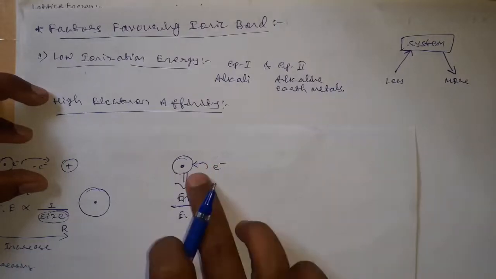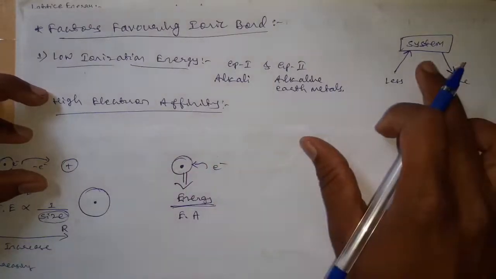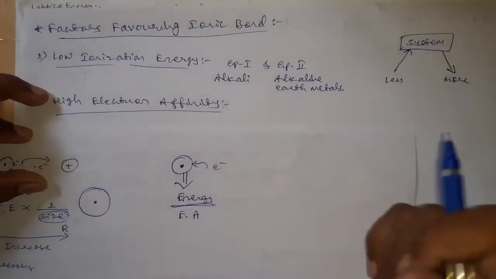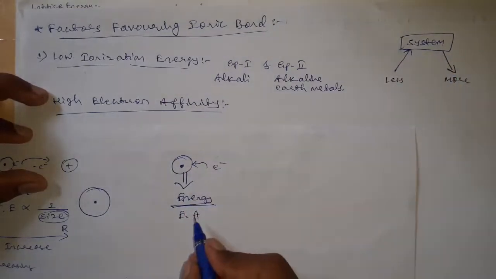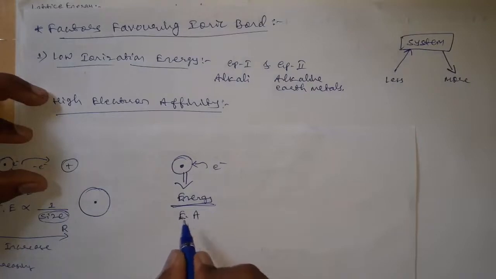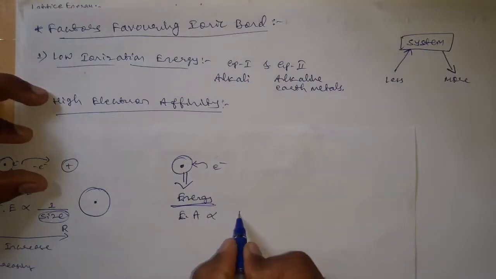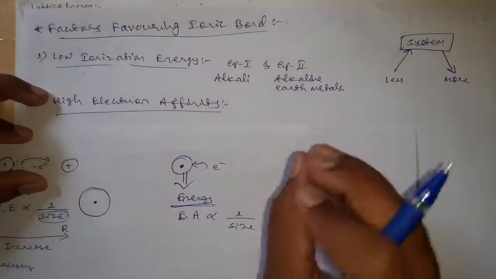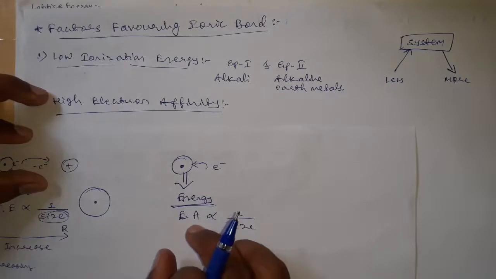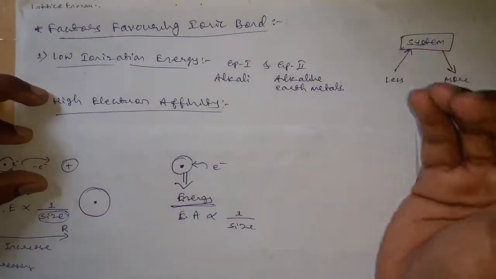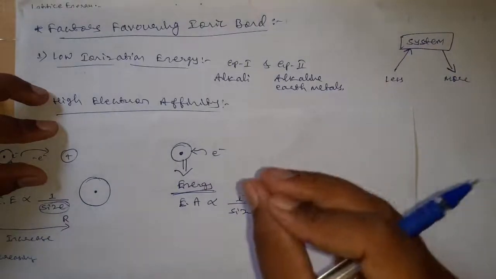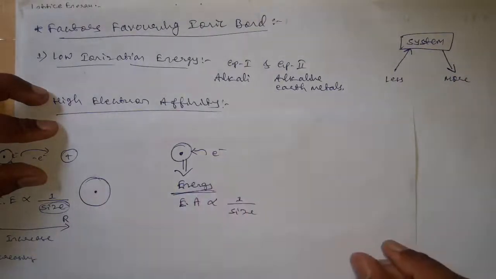And if higher energy is released, then the system is more stable. Here also electron affinity is inversely proportional to size. If the size of the atom is small, then it has high electron affinity, meaning a high amount of energy is released while adding the electron. If the size is large, then less energy is released.